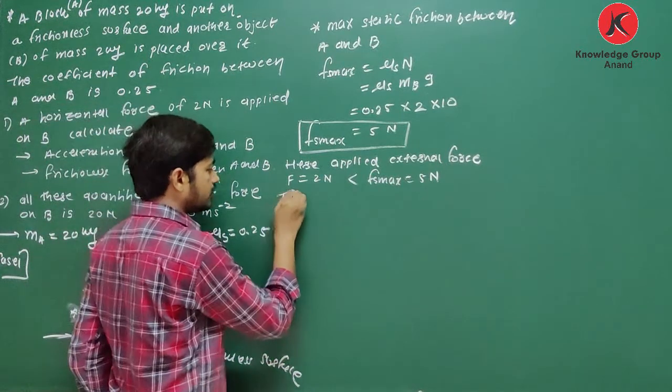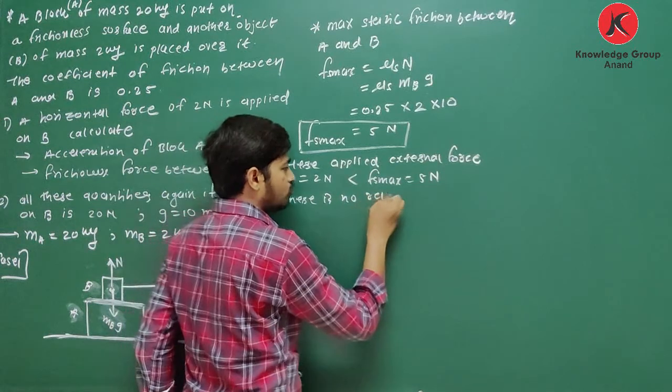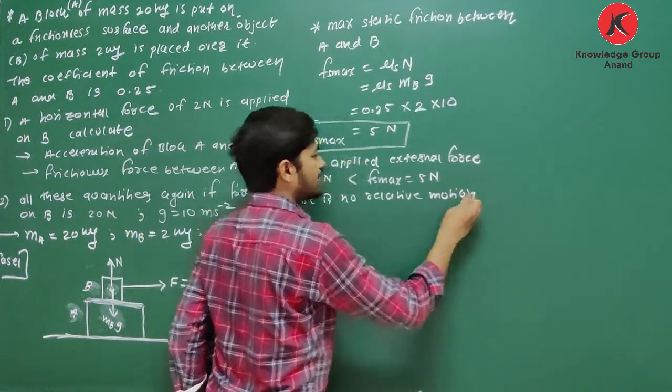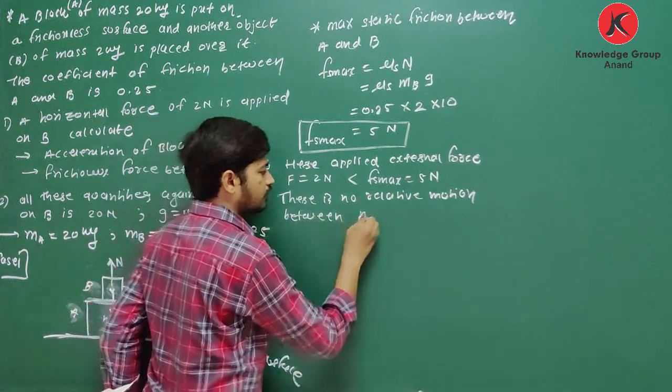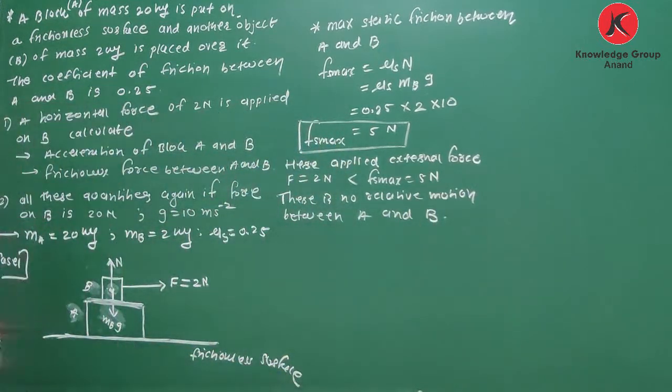So there is no relative motion between A and B. This means B will not move on A. There is no relative motion between them.